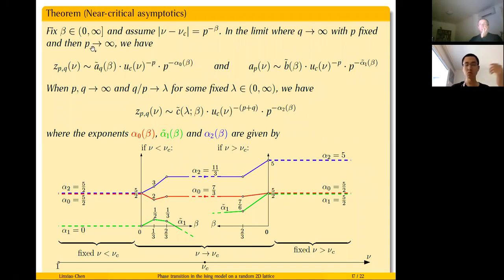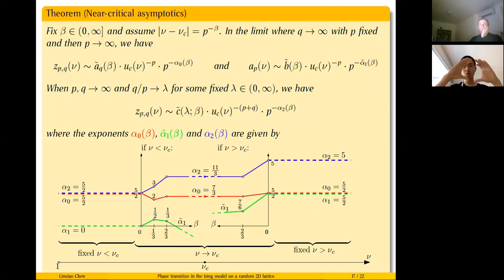From a physics point of view, it's a somewhat strange limit to take. But the second limit is much more plausible. Here I'm sending both the plus boundary and minus boundary to infinity, at a relatively similar speed.